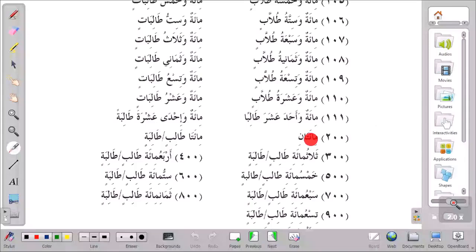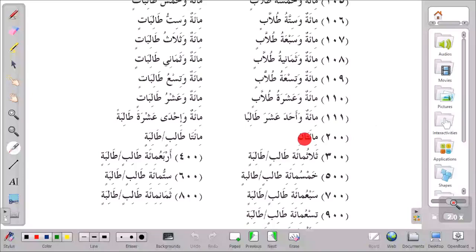Whenever a noun is mudaf, it cannot take tanween. So you see kitabu Muhammadin, it means Muhammad's book. Mudaf is always ma'rifa, meaning it doesn't take tanween. Like I just said, you say qalamu talibin.